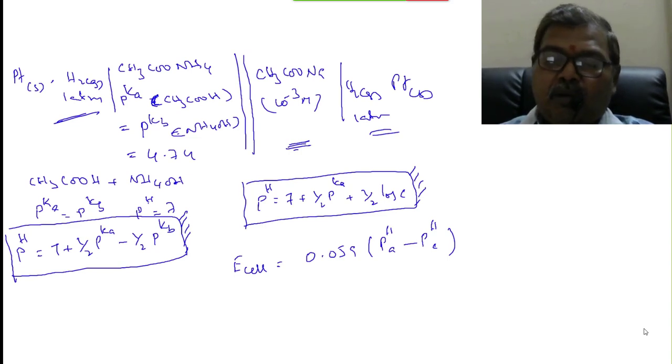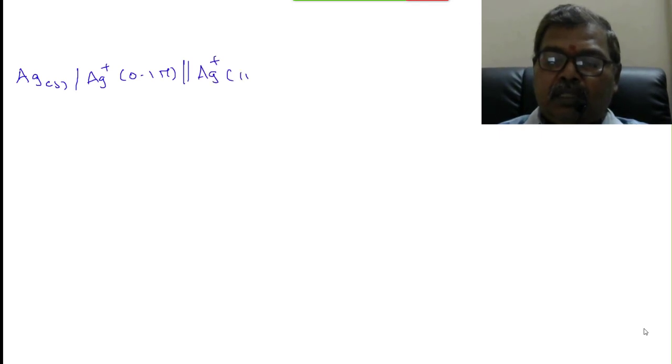Now let us see one more problem, but it is not on the hydrogen electrode. A simple problem on the silver electrode. Ag solid, Ag plus 0.1 molar, then salt bridge, Ag plus concentration 1 molar, and Ag solid.